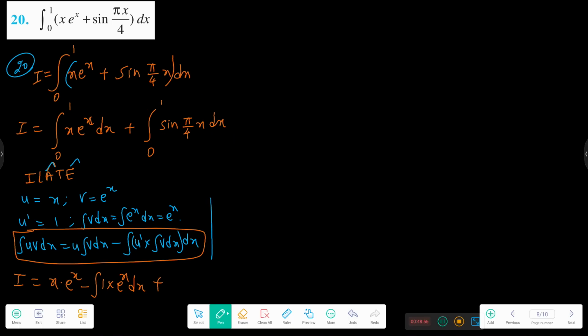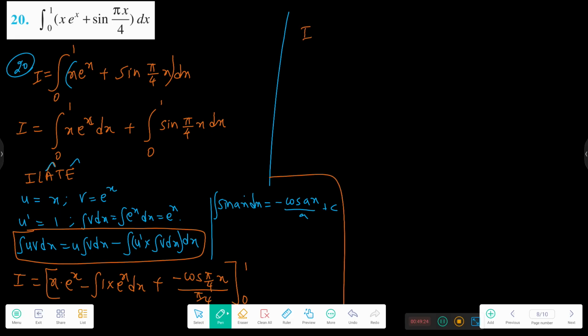What is that actually? Integral sin ax into dx is minus cos ax divided by a plus c. This is the answer. So minus cos of pi by 4 into x, divided by pi by 4. Overall we can apply the limit 0 to 1.